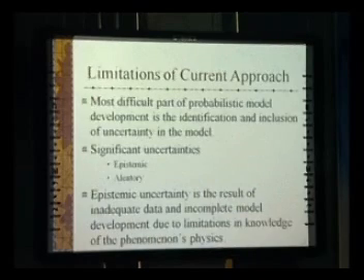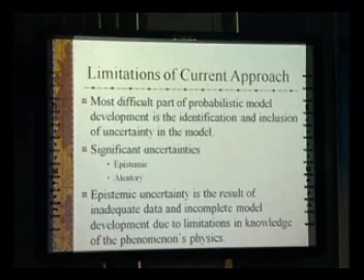So when concerning uncertainties, why do we need these uncertainties? Because they are the core of the situation. Basically there are two uncertainties: one is called epistemic uncertainties and the second is called aleatory uncertainties.